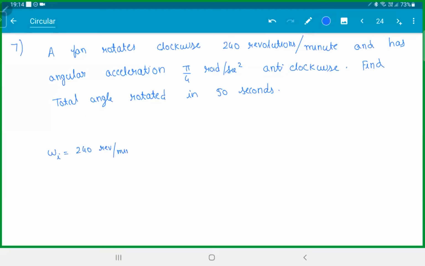Be careful, SI units are radians per second. One revolution is 2 pi radians. 1 minute is 60 seconds. So this guy will be 8 pi radians per second. This is your omega initial clockwise. Alpha is pi by 4 radian per second square. So this is anti-clockwise. So basically k cap.